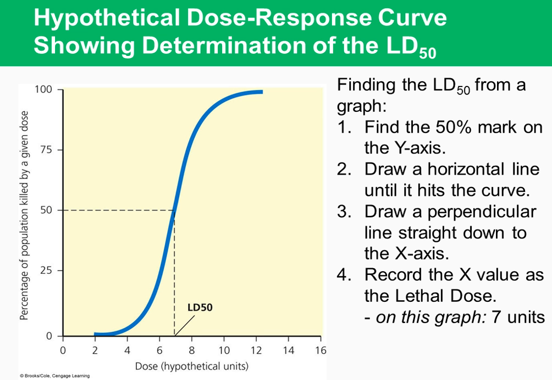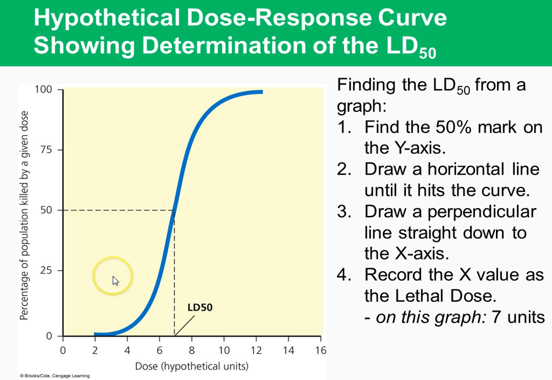So here's an LD50 graph. It's again hypothetical, but what you will see here is that you have the dose on the x-axis. So here we have given hypothetical units, so let's say it's milligrams. We give 0 milligrams right here. We give 2 milligrams, 4 milligrams, 6 milligrams, 8 milligrams, and so on.